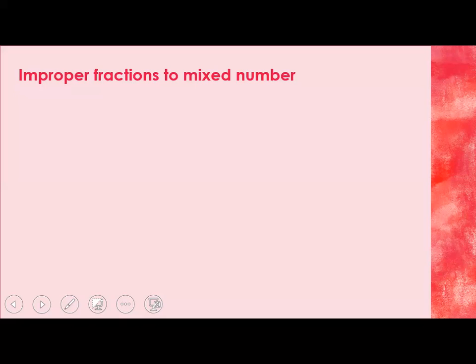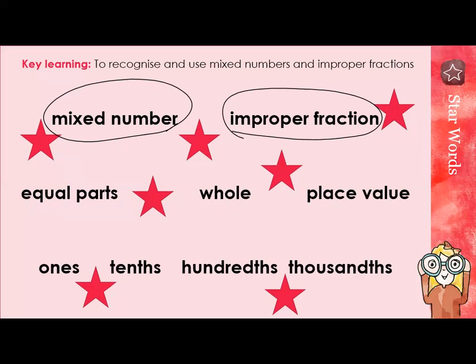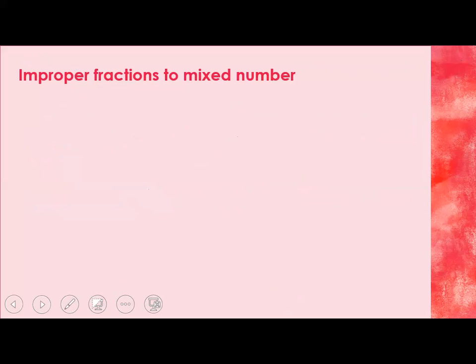Now, we might be asked to convert between improper fractions and mixed numbers, and here is how we do that. Let's start with the improper fraction 7 halves. So I've got more than 1 whole one.